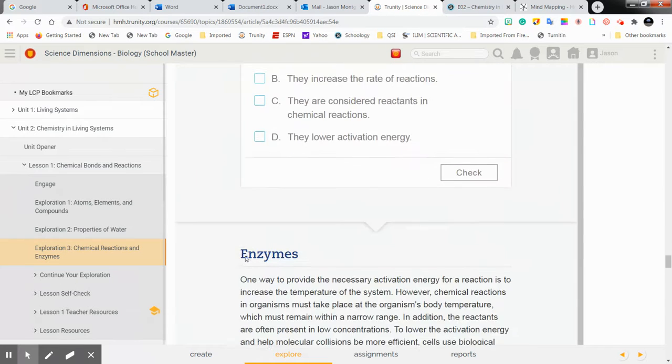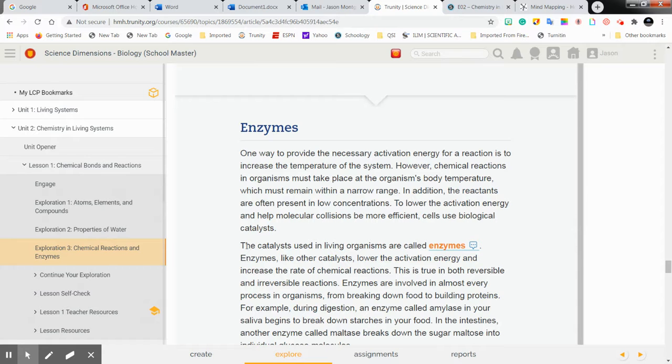So in biological terms, we have catalysts that are called enzymes. Now, enzymes are catalysts that lower the activation energy and increase the rate of chemical reactions. This is both reversible and irreversible reactions.